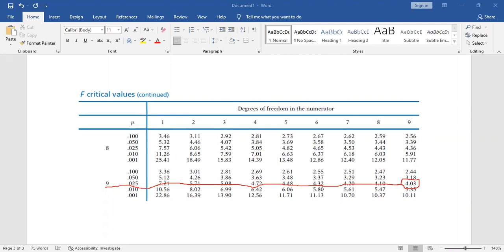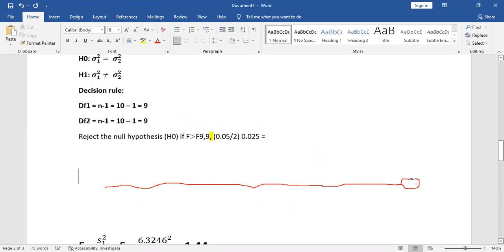So my critical value is 4.03. Sorry about that. I might still need this, but this time around the eraser may just get rid of that line. Okay, 4.03.